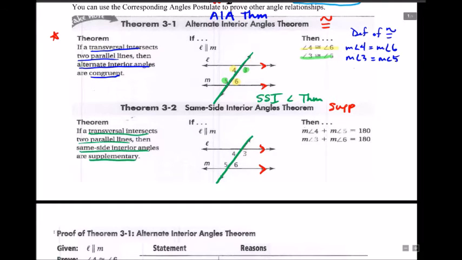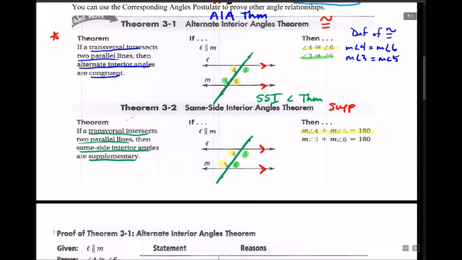And who is same side interior? 4 and 5, 3 and 6, because we are on the same side of the transversal, in between, inside the parallel lines. So we could say those are supplementary. So look what that lets us say.